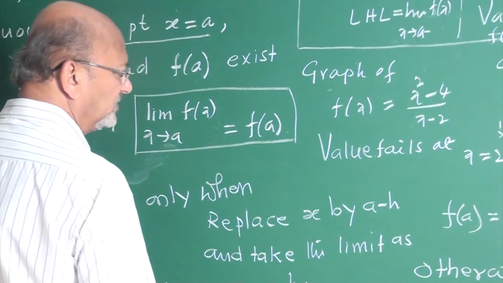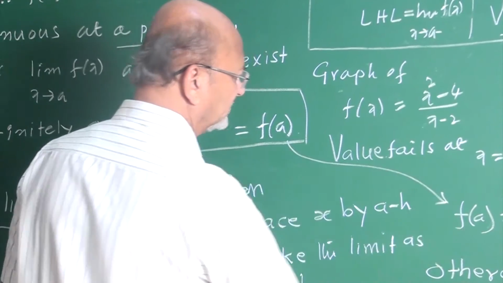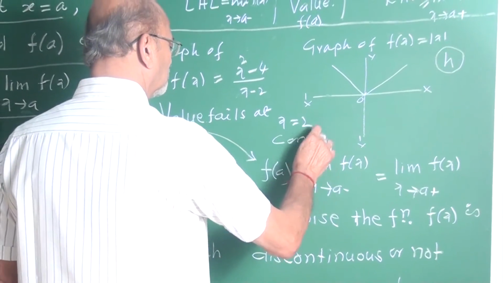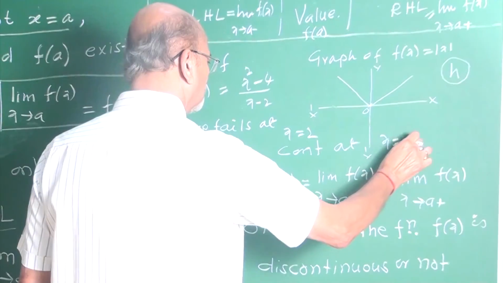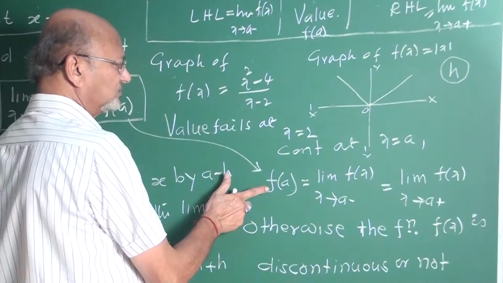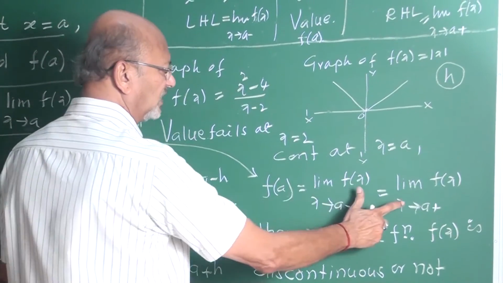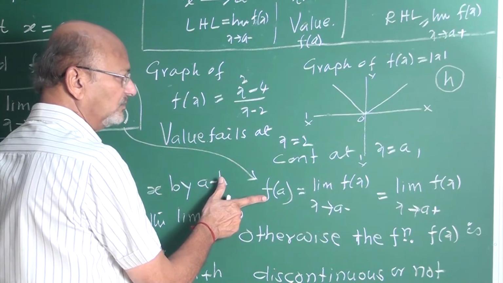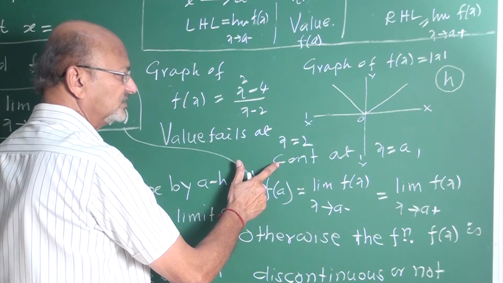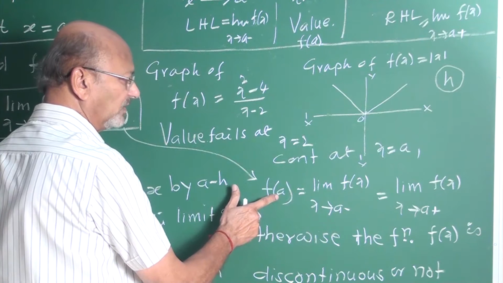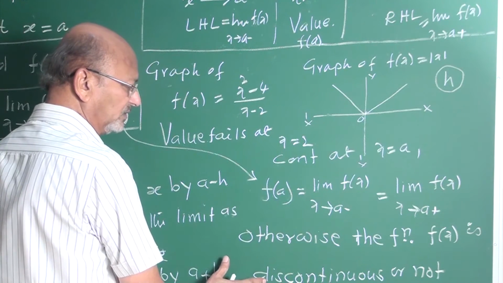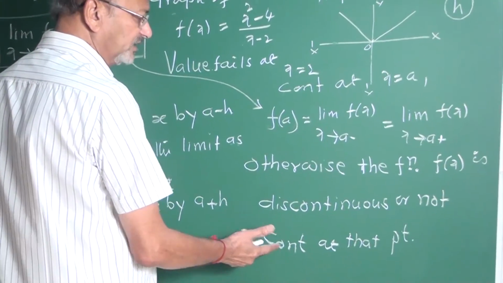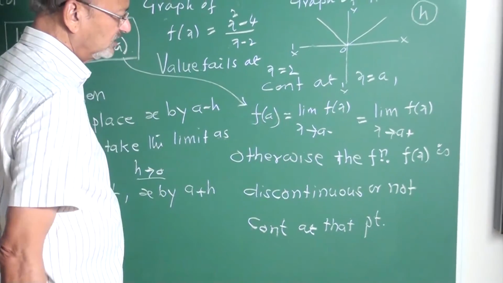Therefore, this definition is extended like this: a function f(x) is said to be continuous at x equal to A if all three, the value, LHL and RHL, exist finitely and they must be equal. If all three are equal, the function is said to be continuous at x equal to A. Otherwise, the function is said to be discontinuous at that point. Discontinuous, not continuous, non-continuous, all these are words used for discontinuous.